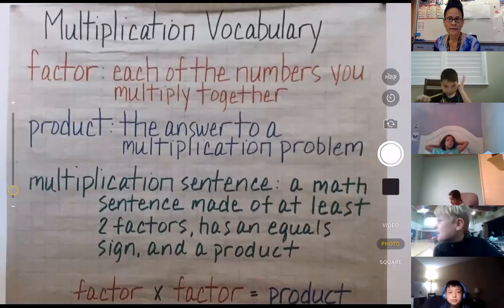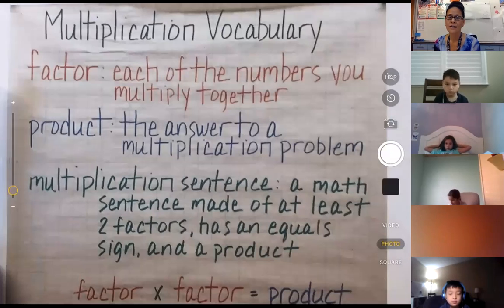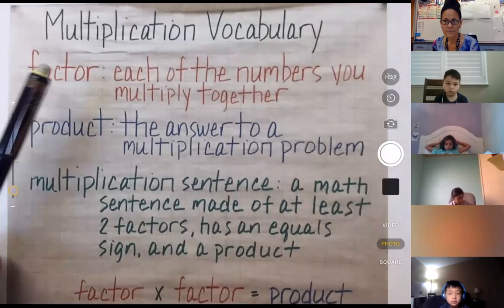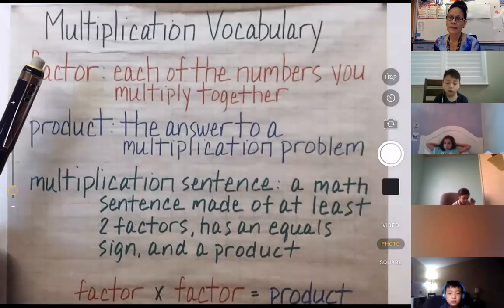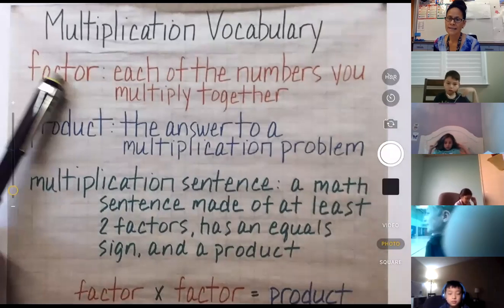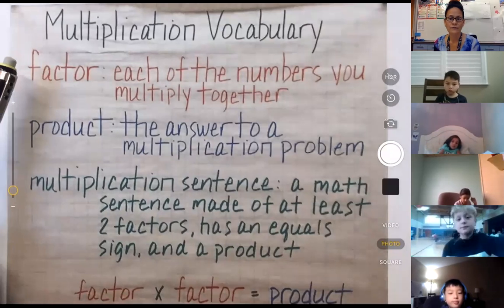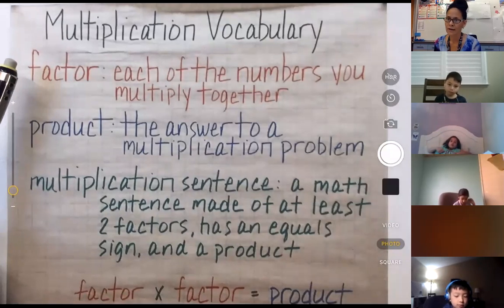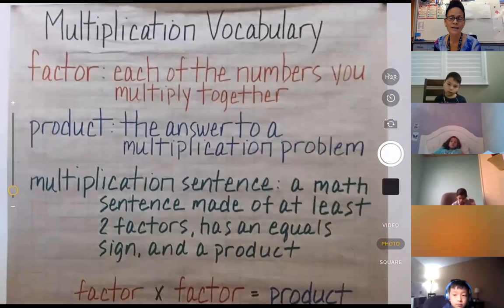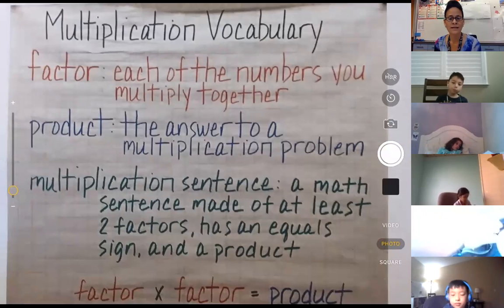A product, of course, is the answer to a multiplication problem. 4 times 5, that product is 20. And then a multiplication sentence, it's a math sentence made up, of course, of at least 2 factors, and it has an equal sign in the product. 4 times 5 equals 20 is a multiplication sentence, or you will also see it as a multiplication equation.